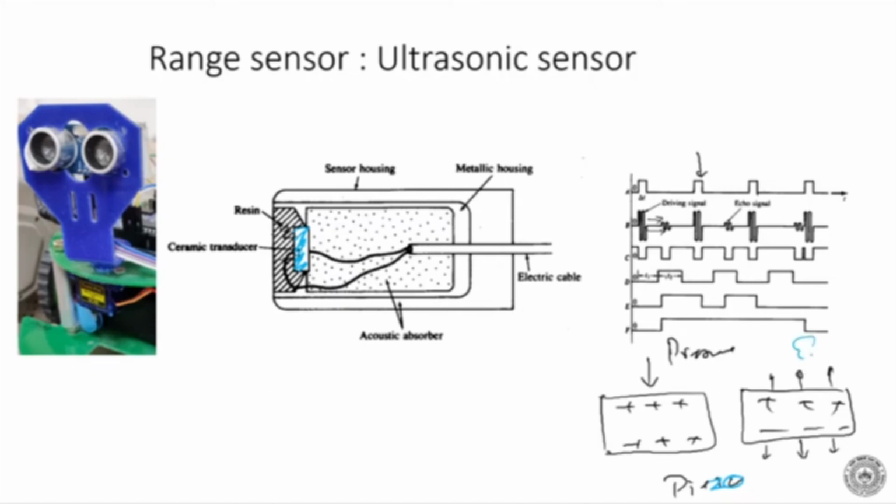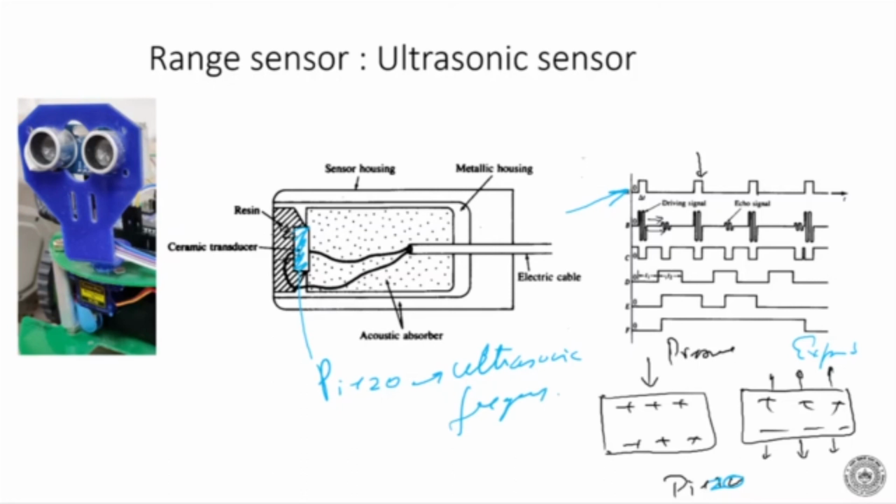So this piezo crystal is actuated at a particular frequency, and this is the ultrasonic frequency. Because it is vibrating at that frequency, it is going to give out an ultrasonic wave.